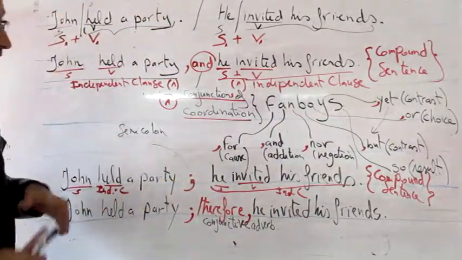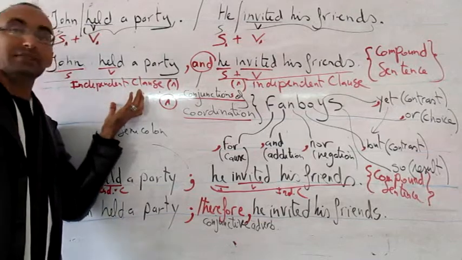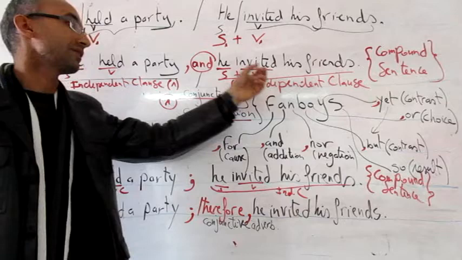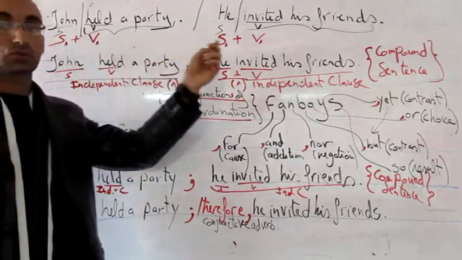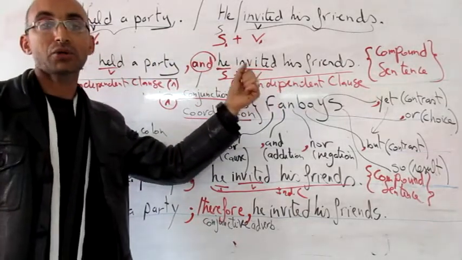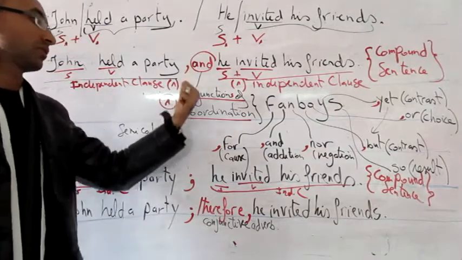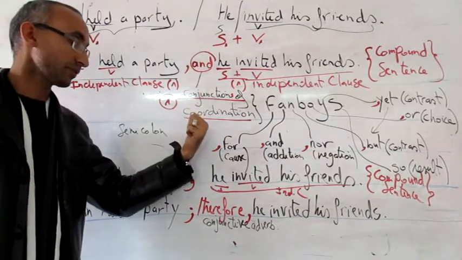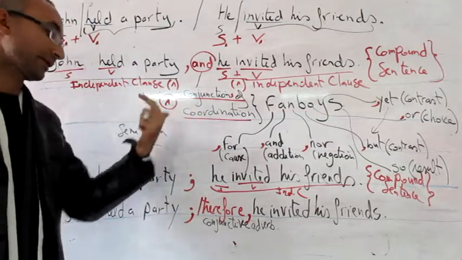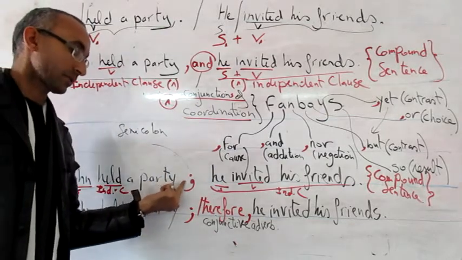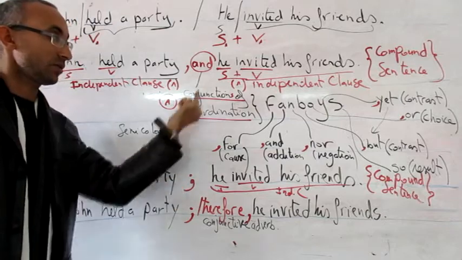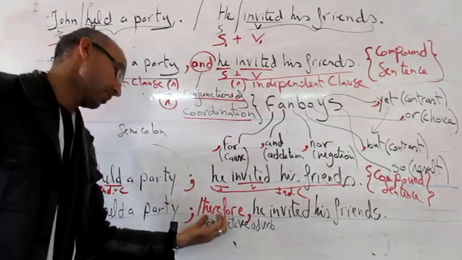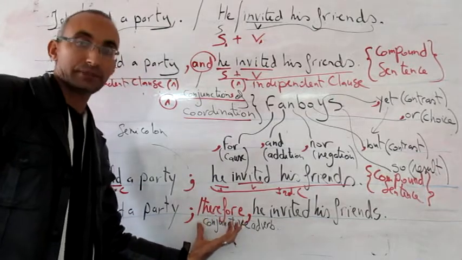Clear? So the compound sentence is the sentence which consists of two or more independent clauses which are joined either by one of the FANBOYS, conjunctions of coordination, or joined also by a semicolon instead of this, or joined also by a conjunctive adverb.